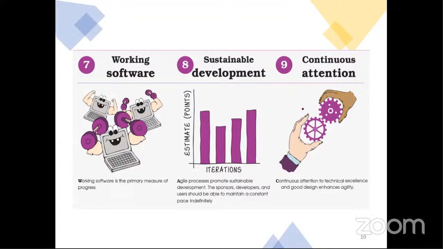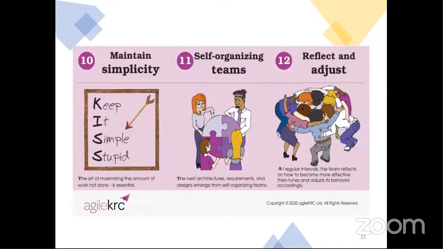Continuous attention to technical excellence and good design enhances agility. The next principle is maintain simplicity, that is, keep it simple, stupid. The art of maximizing the amount of work not done is essential. That is, simplify things; the keep-it-simple principle is used in all the agile models. Self-organizing teams.